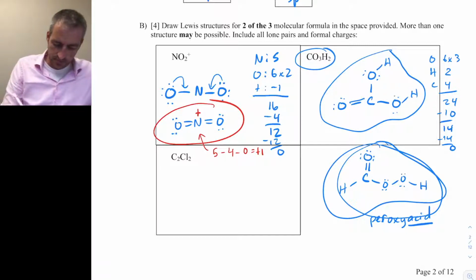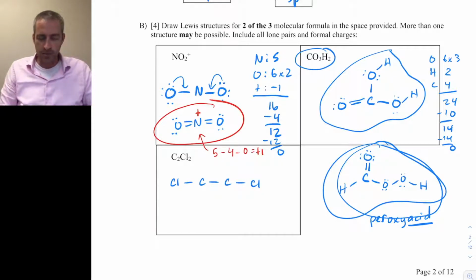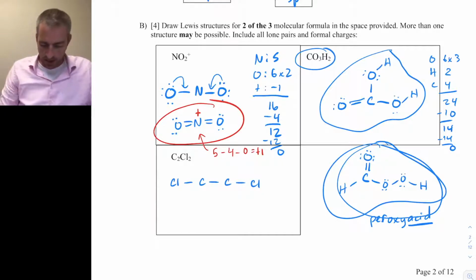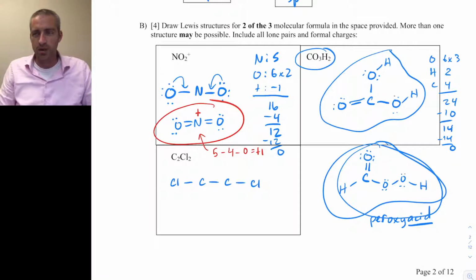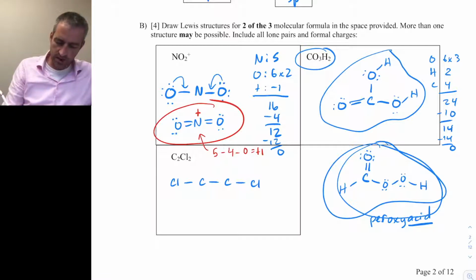C2Cl2. So I would give this the structure Cl, C, C, Cl. Cls cannot be central atoms typically. I guess that's not true. They can be in molecules like chlorate. But here we're going to put the carbons central. We're going to count our electrons, and we're going to get 4 times 2 for the carbons.